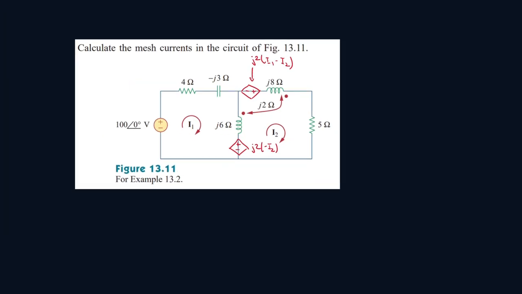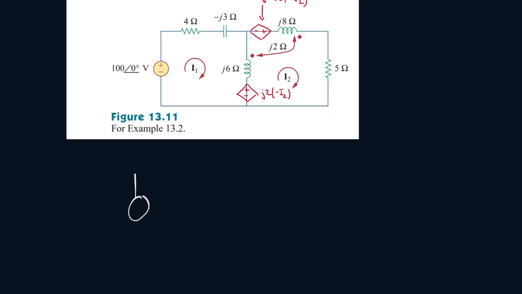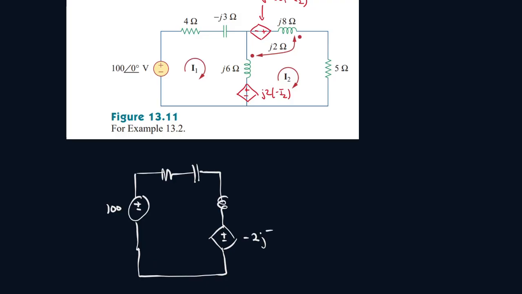So I'm just going to redraw the circuit. So 100 phasor 0 is pretty much just 100. There we go. And then I2 here.